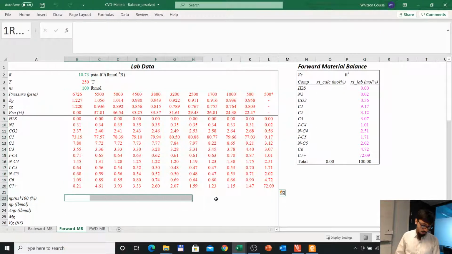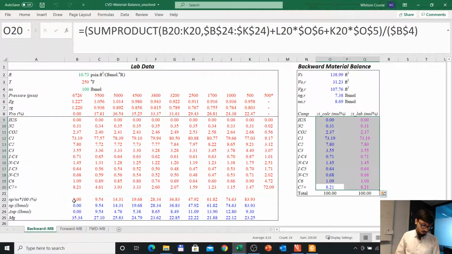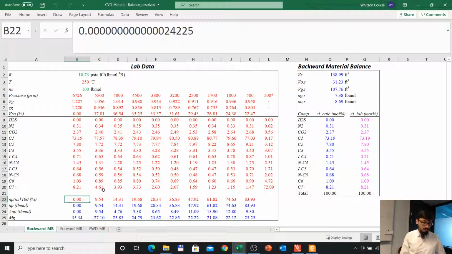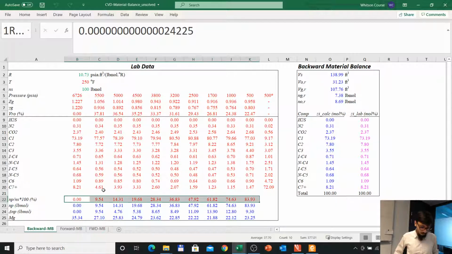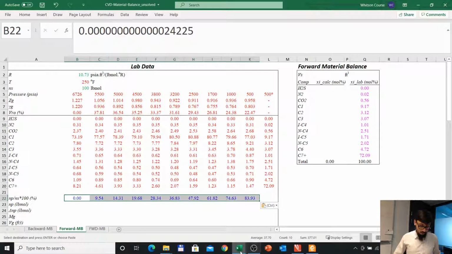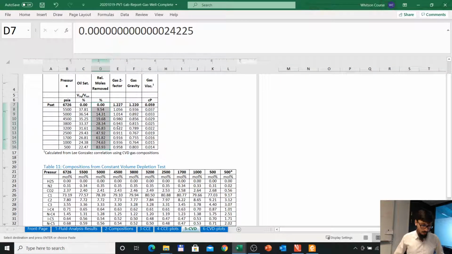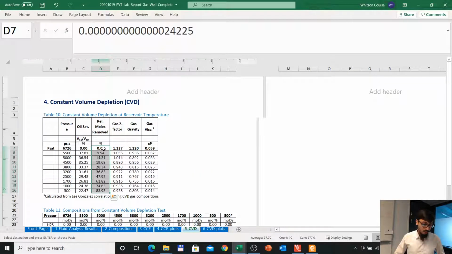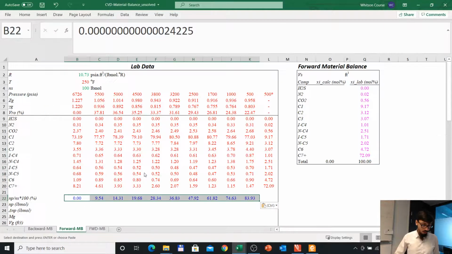And again, this data is missing here, so we just copy it from here, because we discussed in the backward material balance that this is given in the lab PVT report. This data here, the relative moles produced. So we just copy it here, and you can also see it in the lab data. This is the PVT report, and these are the values that we should have in that row. So now we have that information here.